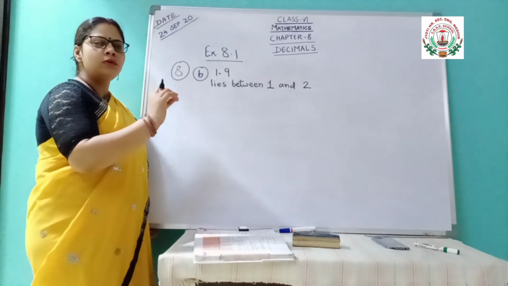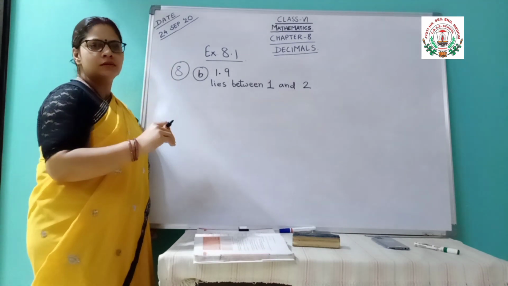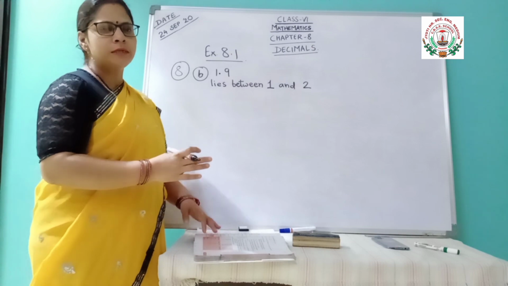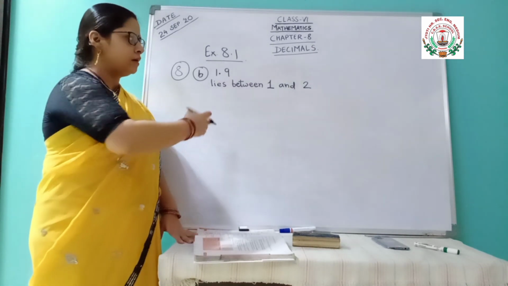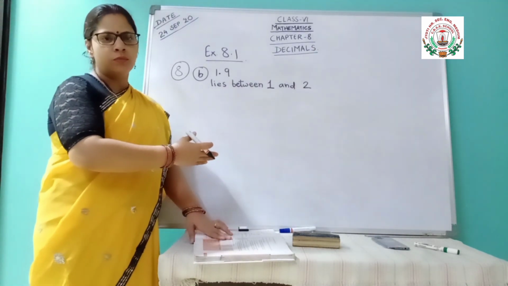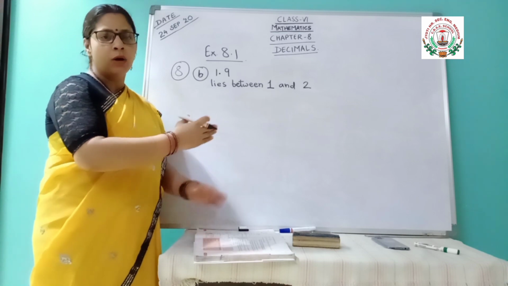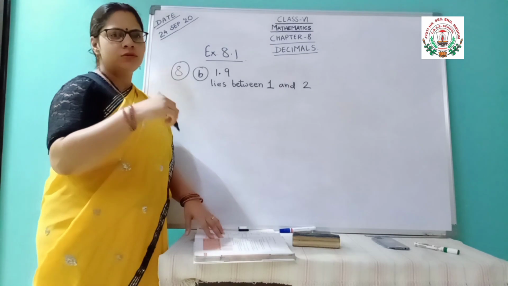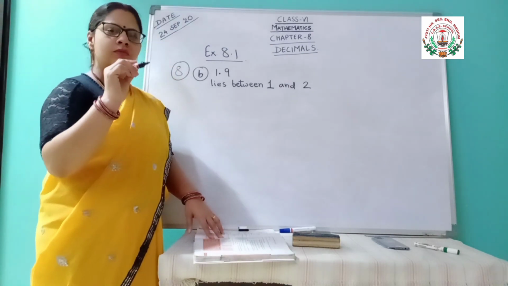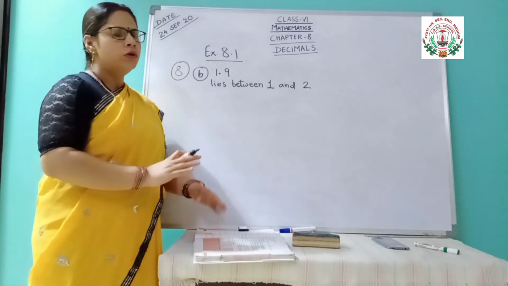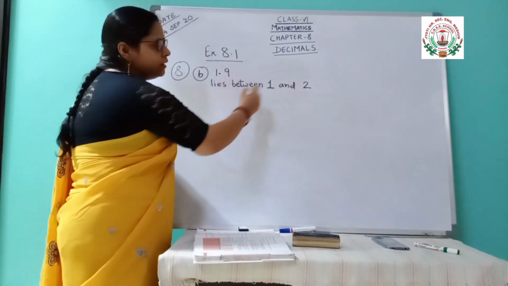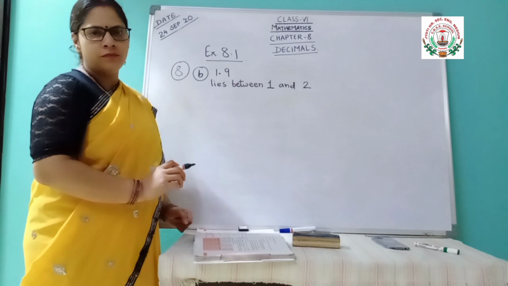So from 0 to 1 you don't have to draw the markings. If you draw also, no problem, but generally we don't have that much space in our notebook, and I am also not going to draw unnecessarily on the board for you to count how many markings I have drawn. So for 0 to 1, just 0 marking and 1 marking, that much only we will draw. And between 1 and 2, because this question lies between 1 and 2, here you have to draw the markings.